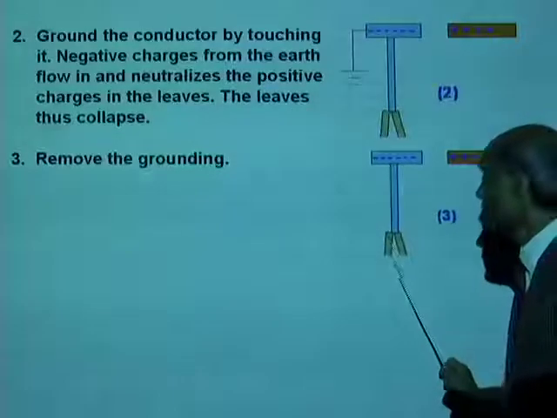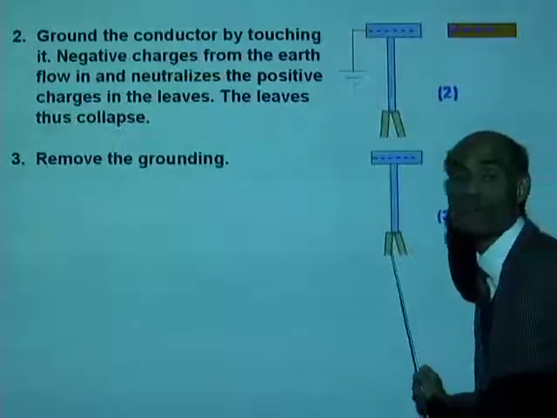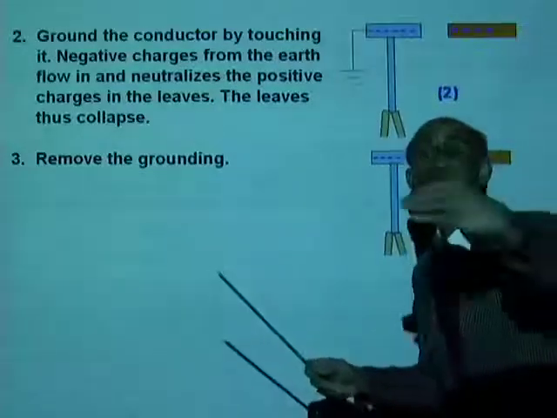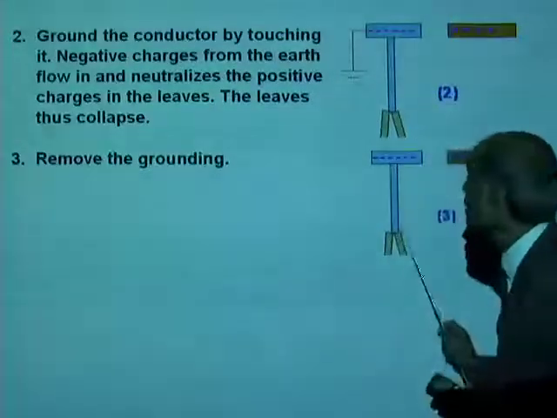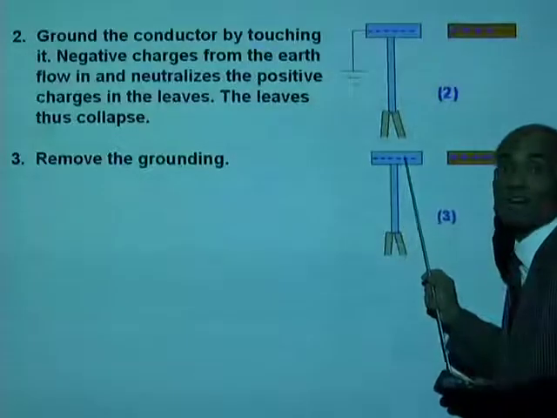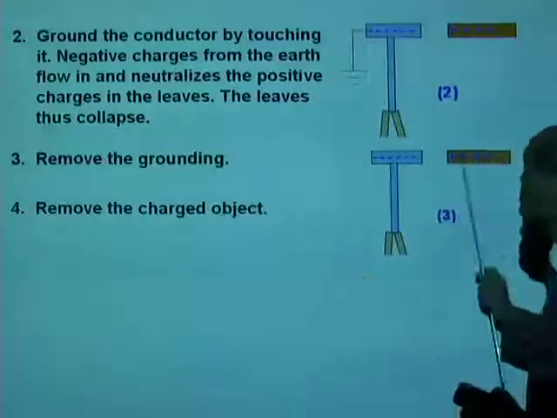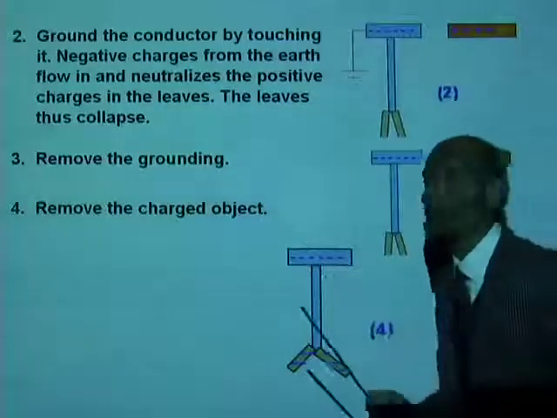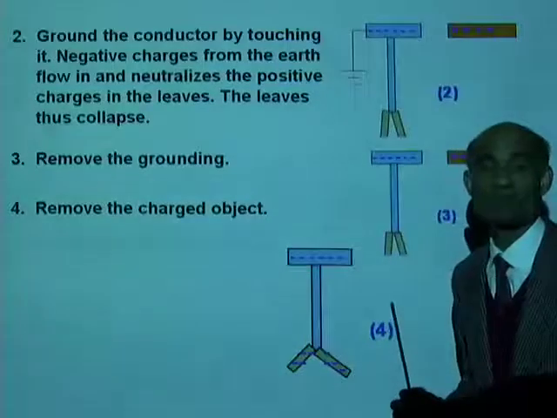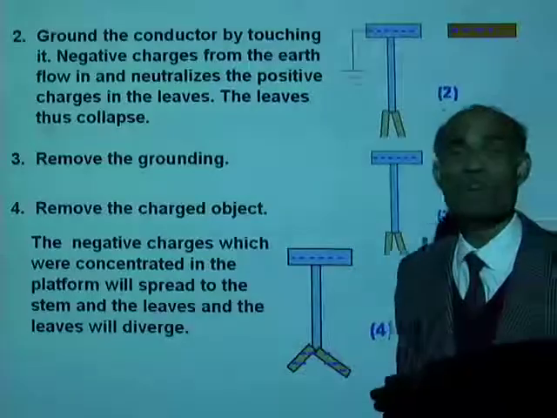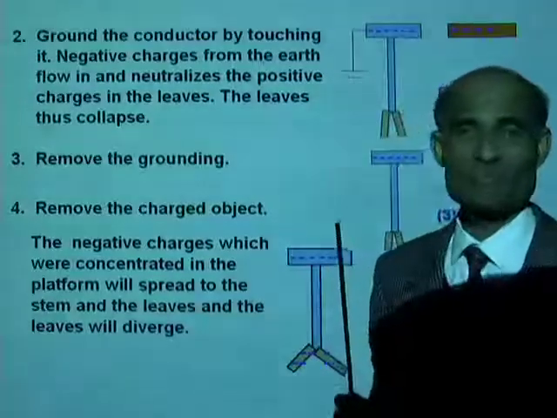What happens? Those positive charges which were on the leaves are no longer there. They are removed because of the grounding. That means the electroscope now has some excess charge. And now if you remove the charged object, the electroscope will retain those negative charges. And this is how you charge an electroscope by induction.